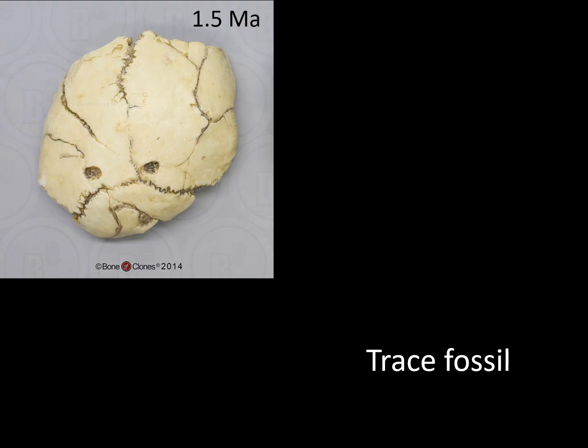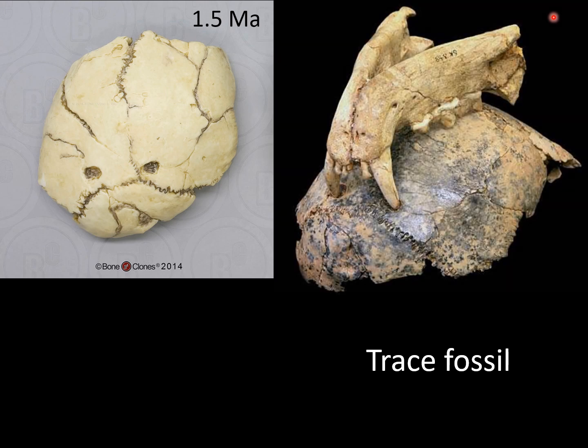Here's an example of a trace fossil. This is part of a cranium, presumably belonging to Paranthropus robustus. It's a hominin taxon. But you see here two conspicuous pits, dated at 1.5 million years ago from South Africa. It's hypothesized that these two pits are caused by the canines from some carnivore.